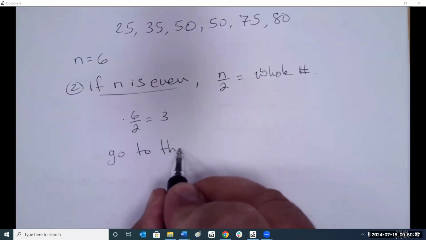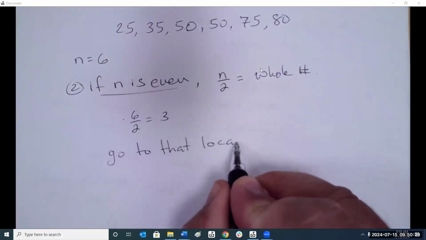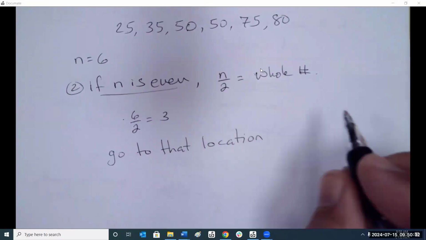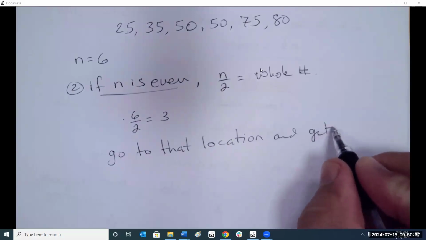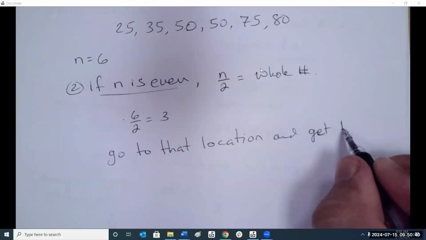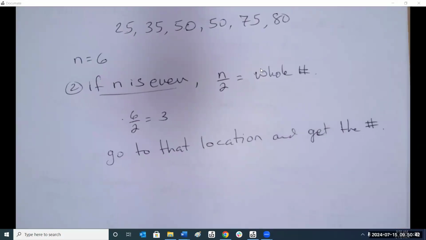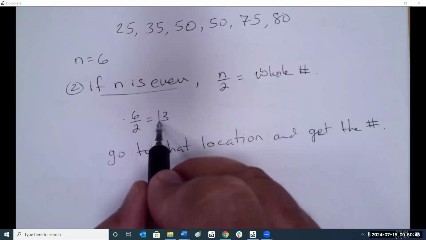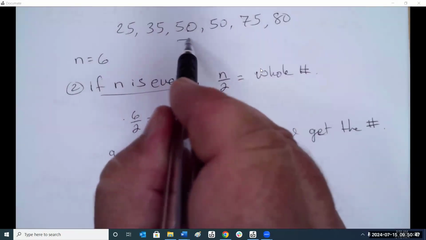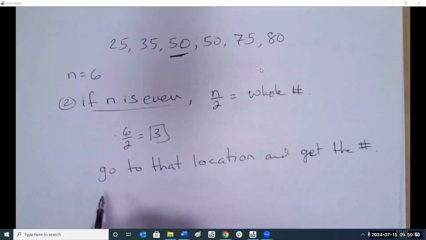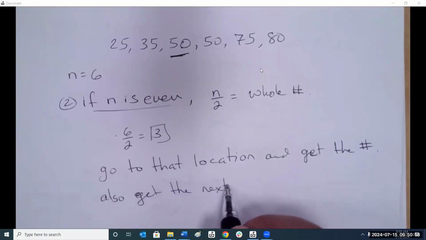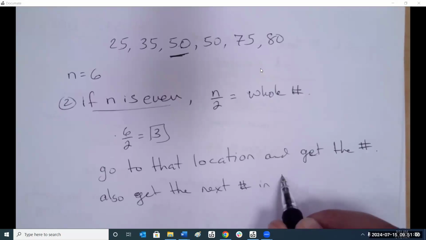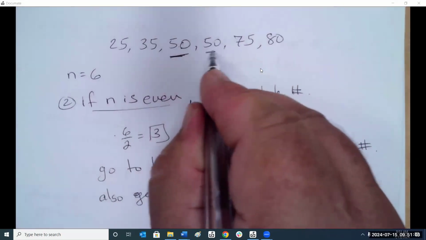Go to that location and get the number. So the third number is 50. Also, get the next number in line, which is also 50.